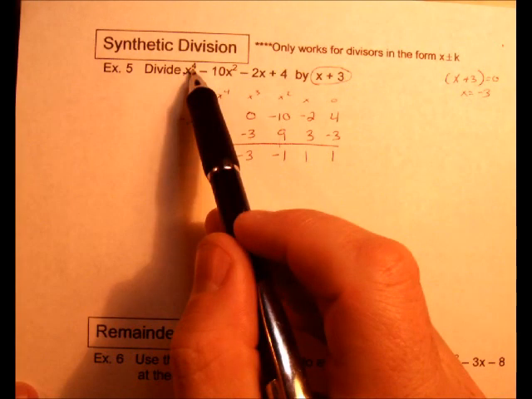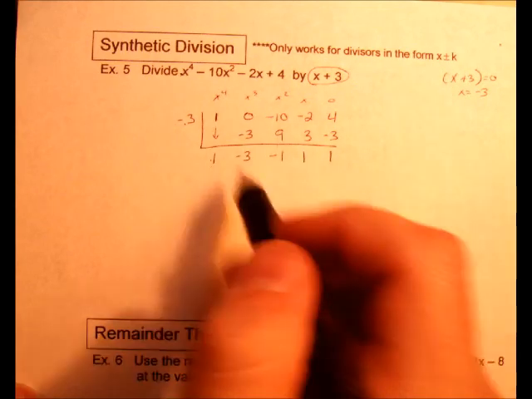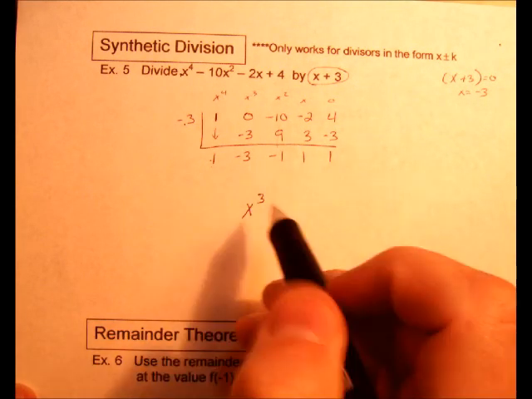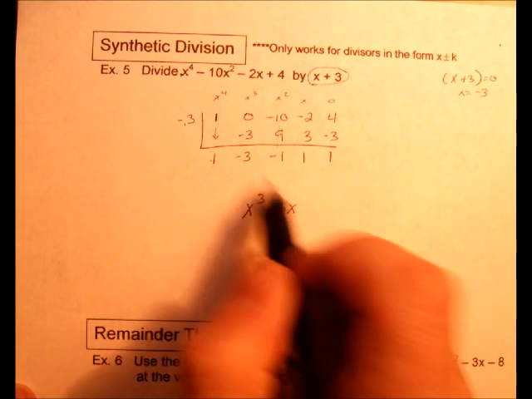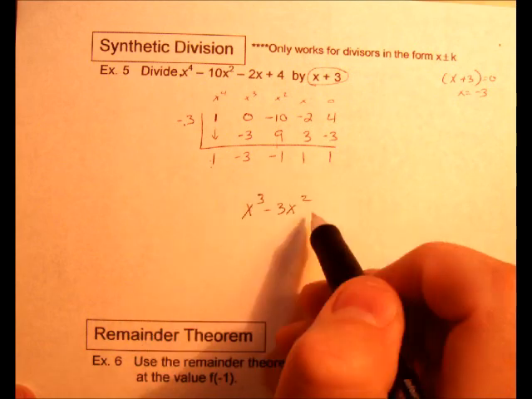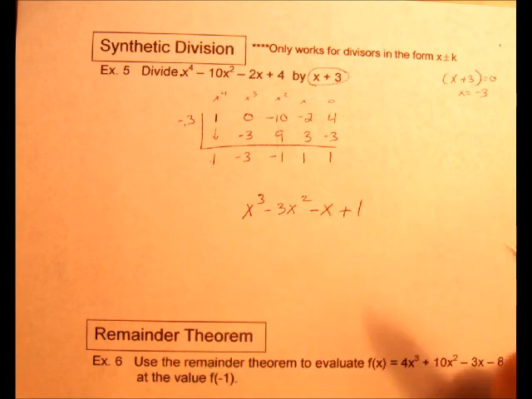So if we started with x to the 4th, then this guy would represent x cubed. So we'd have 1x cubed, and then just go down in order. Minus 3x squared. This would be the x. This would be the constant by itself. And this last guy right here is always your remainder.